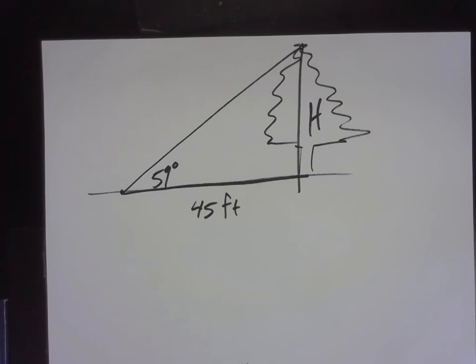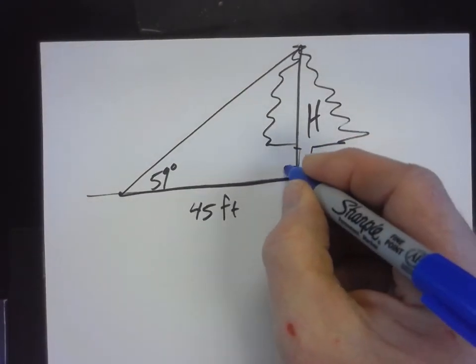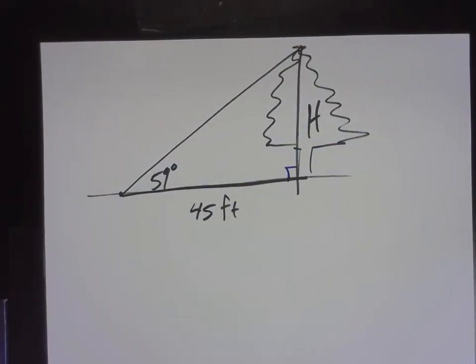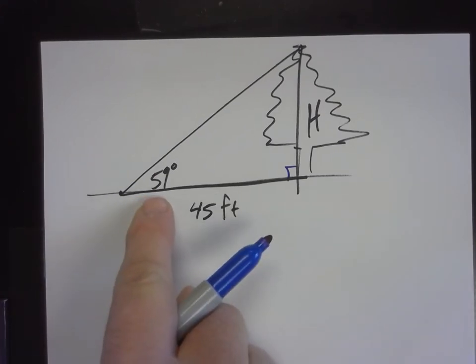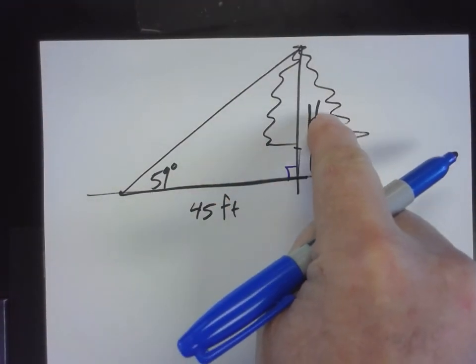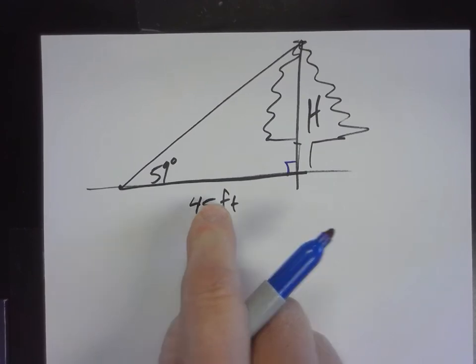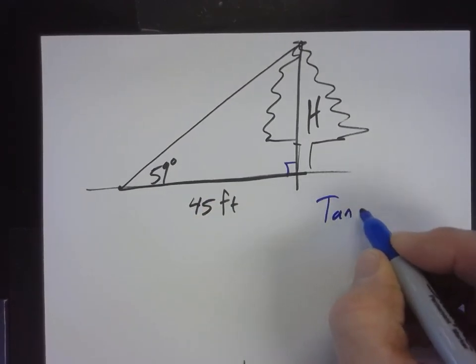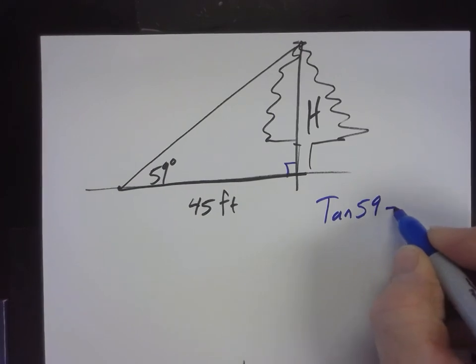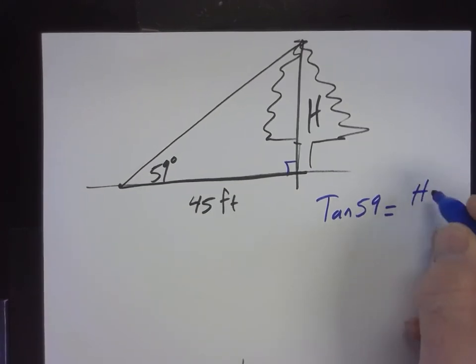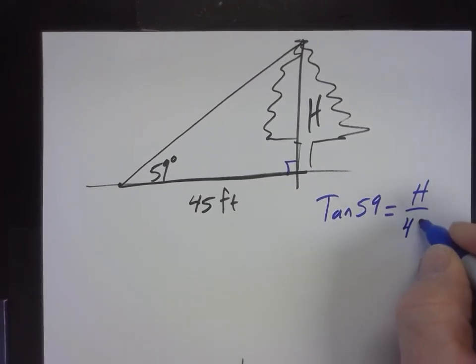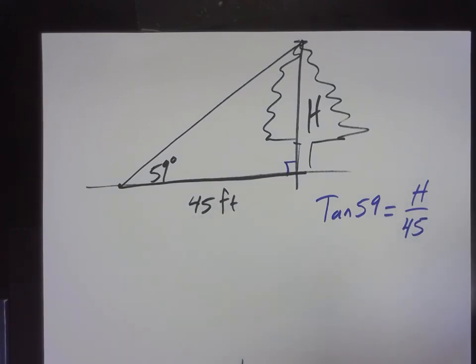So when you look at this, right triangle. Let's see, 59 degrees. I'm looking for the opposite. I've got the adjacent, so that tells me tangent. I'm going to use tangent. So the tangent of the angle I'm looking at equals the side opposite from it divided by the side adjacent to it. You should always have that written on your paper. Then you're going to solve the equation for h.